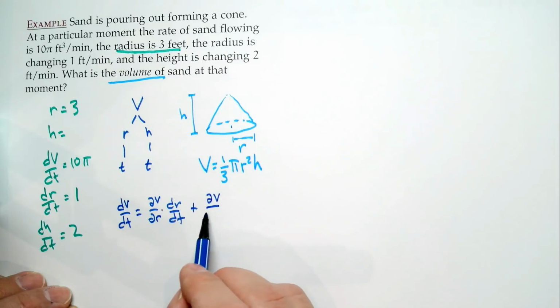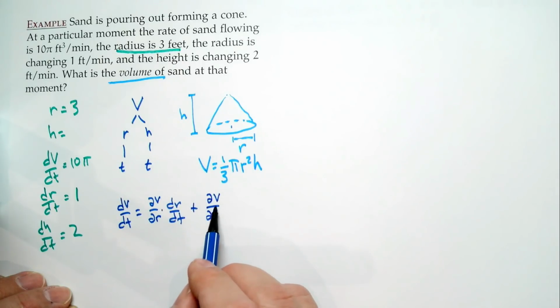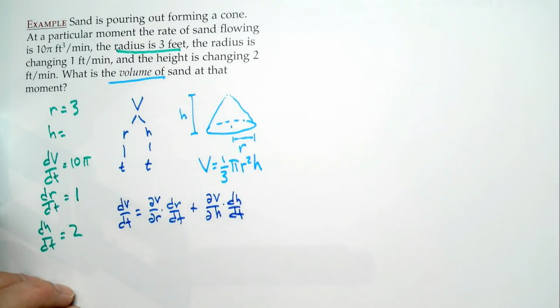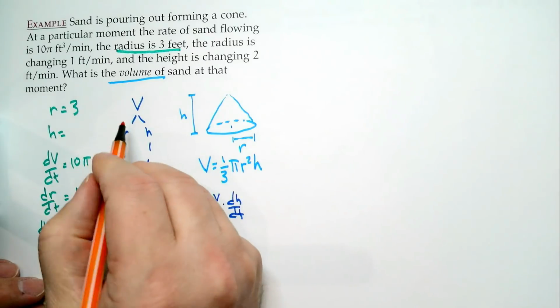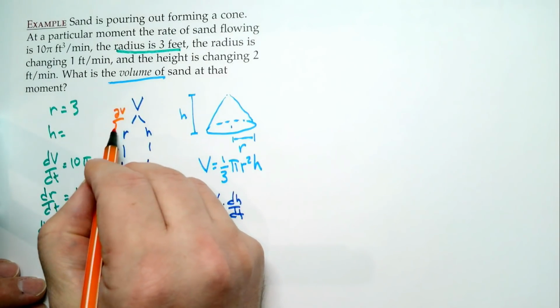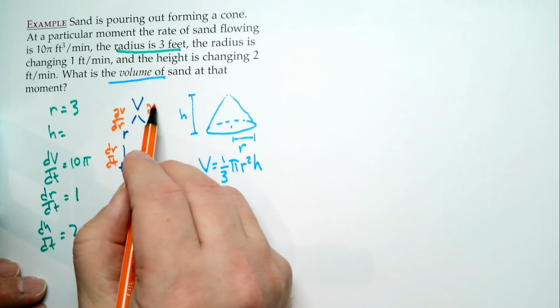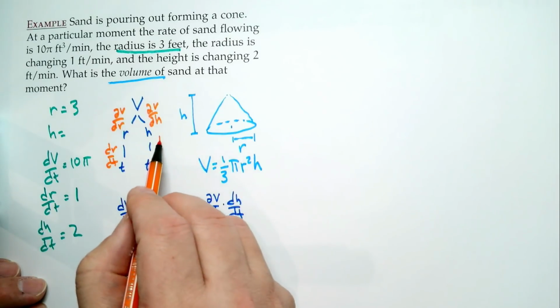Plus, what comes next? Partial V partial h, the derivative of V with respect to h, times dh/dt. So I can talk about how the volume changes with respect to time, and the answer is, well, it changes through a combination of things. Here's partial V partial r, here's dr/dt, here's partial V partial h, and here's dh/dt.